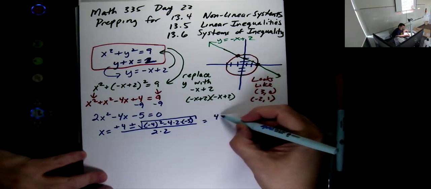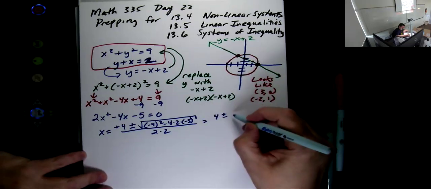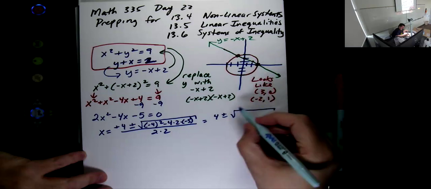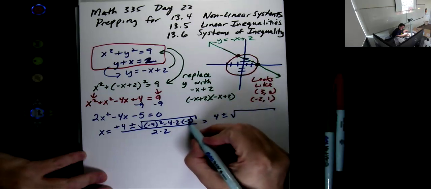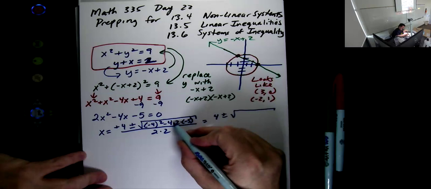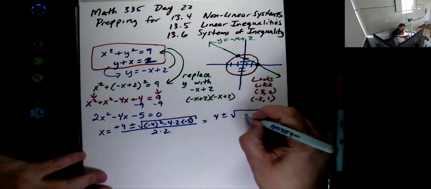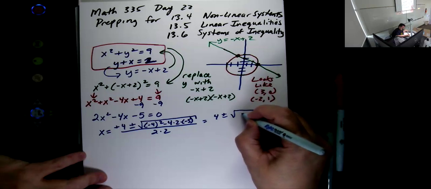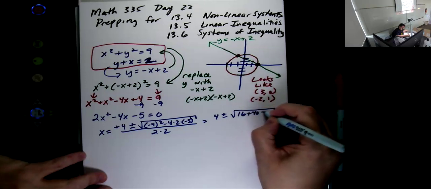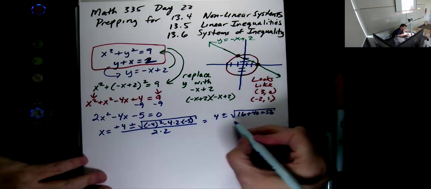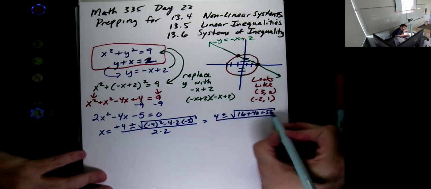So that's 4 plus or minus the square root of 2 times 5 is 10, times 4 is 40, and we're adding it. 40 plus 16 is 56. It's 56 on the inside, all over 4.